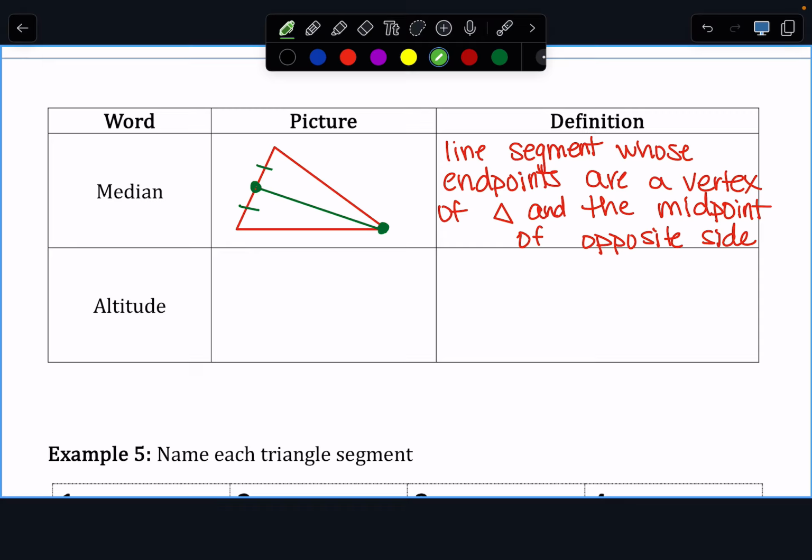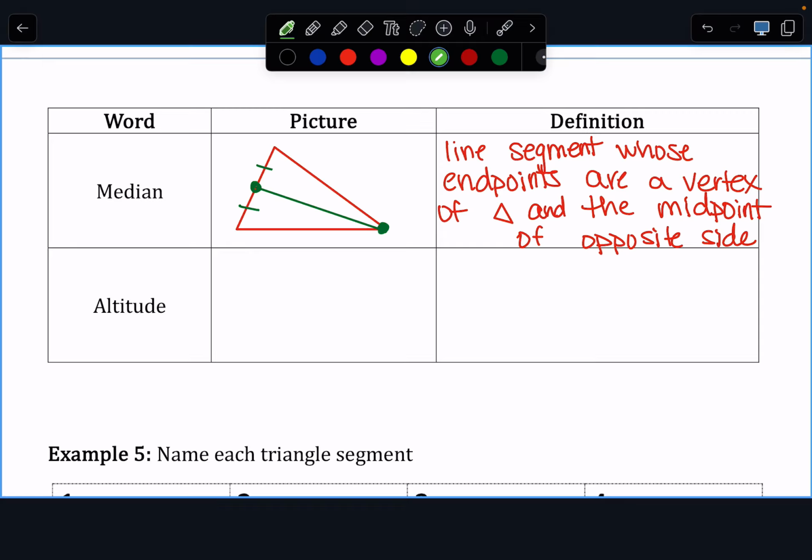Altitude. Do you know what an altitude is? When we talk about altitude, it's how high is the mountain? Altitude is how high is our triangle. Now, we measure height using what kind of a segment?